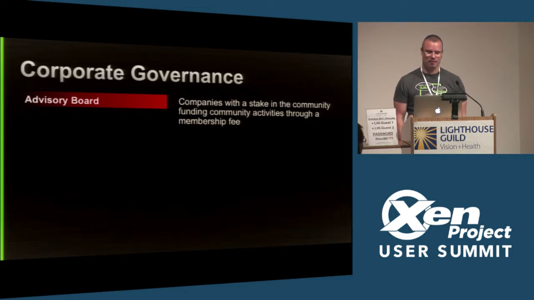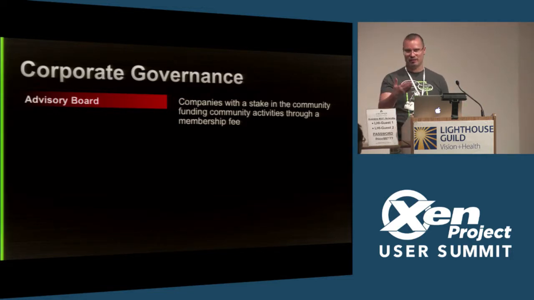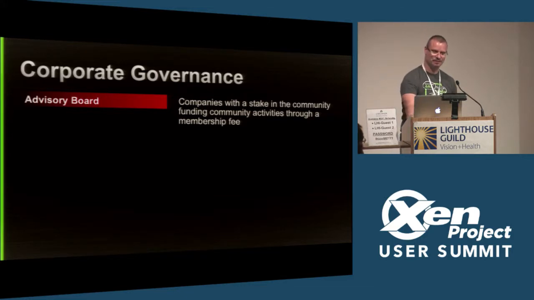So we created this advisory board. Each member company in the advisory board pays an annual fee, and that money is then used for the best of the community. For example, advisory board funds were used to organize this event.